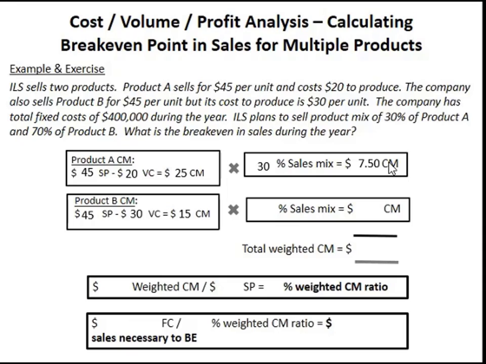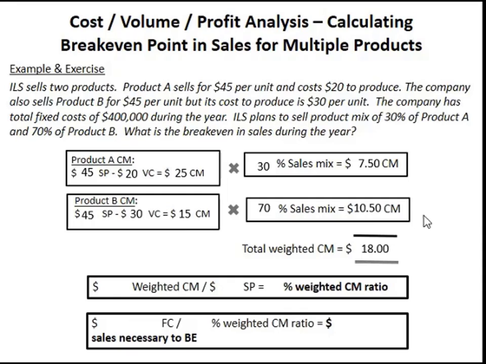Now we're going to apply the same process to product B. Product B has a contribution margin of $15, but we plan to sell 70% of product B. So we insert product B into the calculation, and it'll be 70% times our contribution margin of $15.